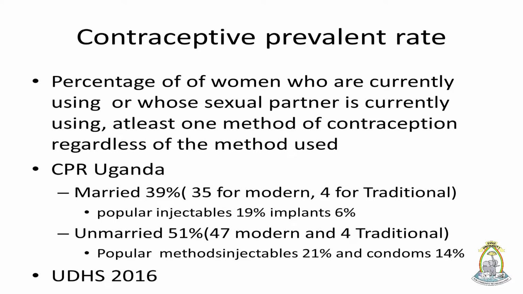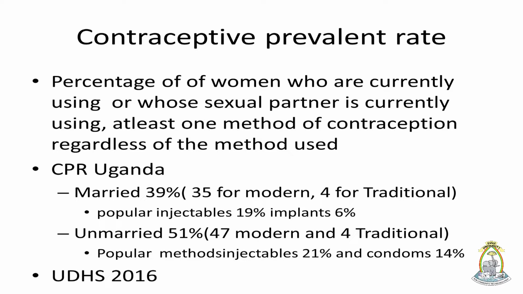So let's look at the contraceptive prevalence rates. The Uganda Demographic Health Survey 2016 shows that the prevalence rate among married couples is 39%, and among unmarried couples is 51%.